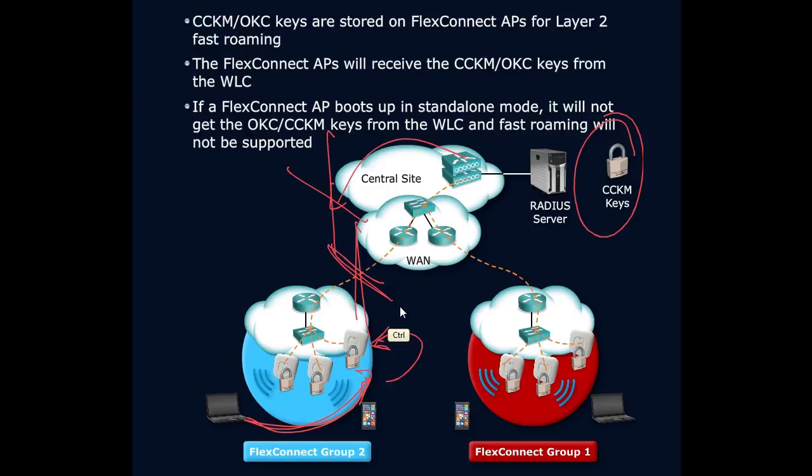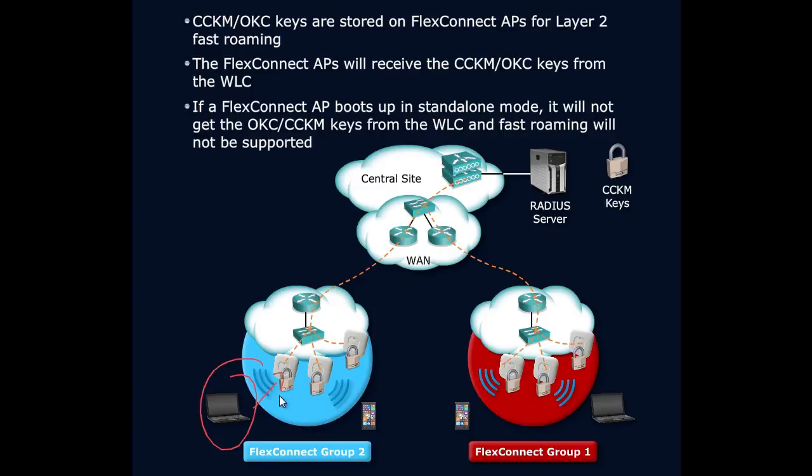Now, in this case, what if I'm already associated here and then I lose traffic and there's a problem? Again, as long as the wireless LAN you are associated with is locally switched, you are fine. You are fine until you create an issue where security has to be re-authenticated. Depending on if you're locally authenticated or not.